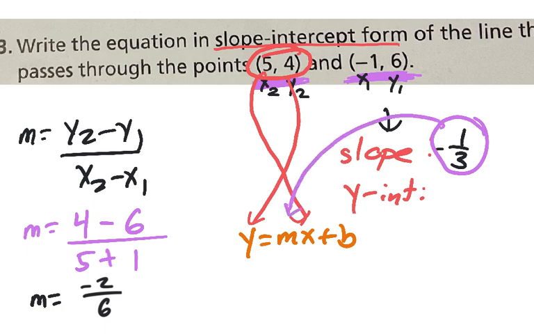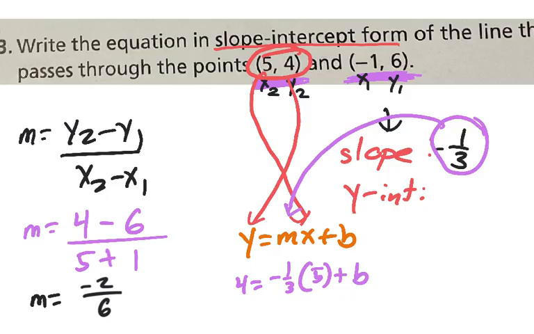So I know 3 of the 4 values, plug them in, find the missing one. That's going to give me 4 equals negative 1/3 times x, x is 5, plus b.